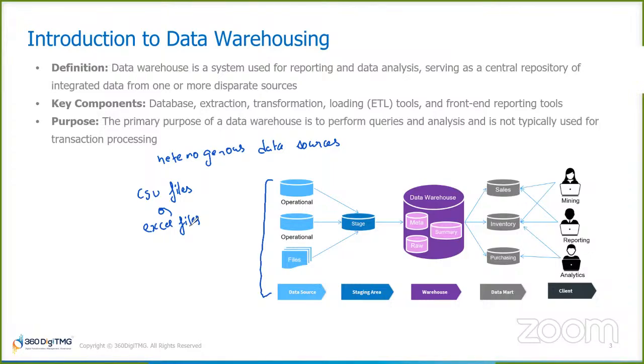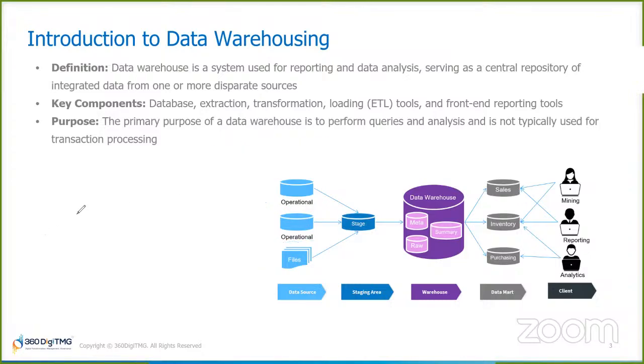Okay. A very simple example is here in front of you. We have some operational databases. Okay. So we have databases. So you could have a SQL database. You could have a NoSQL database.